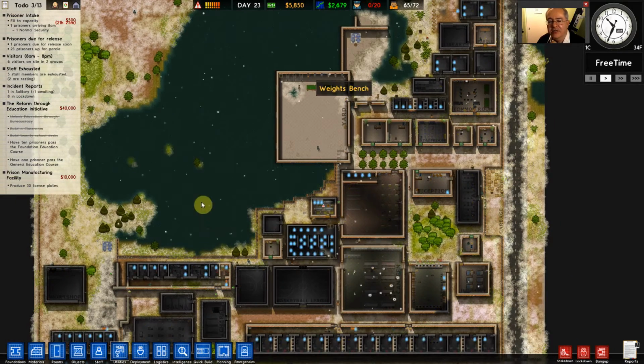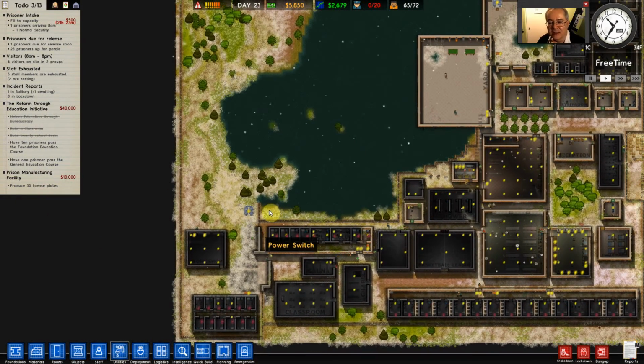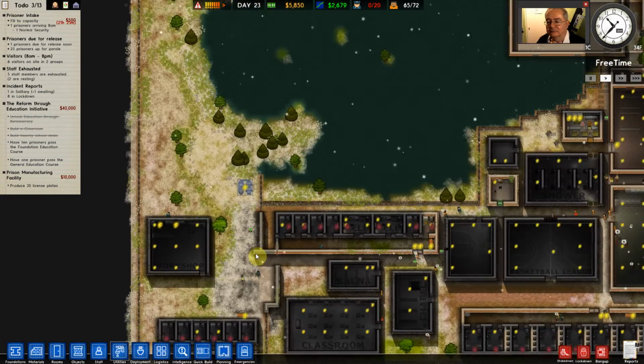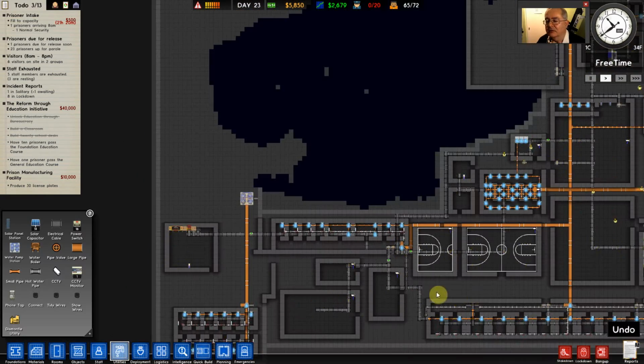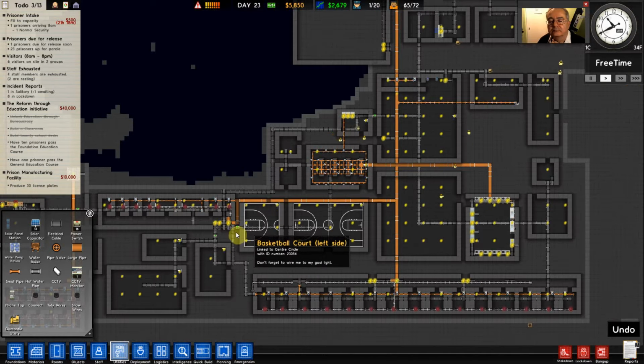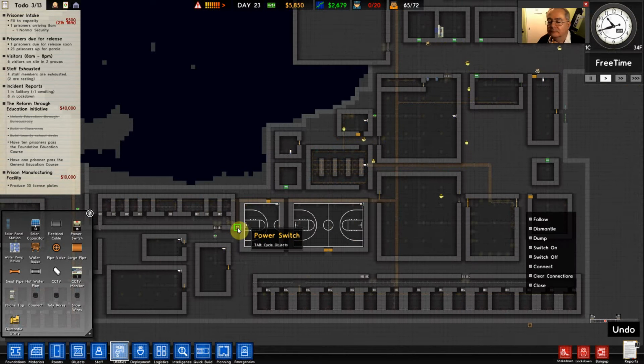Oh, I have enough money to put in some solar panels. Let's just do it quickly. Now let's see what's built first. Switch off.